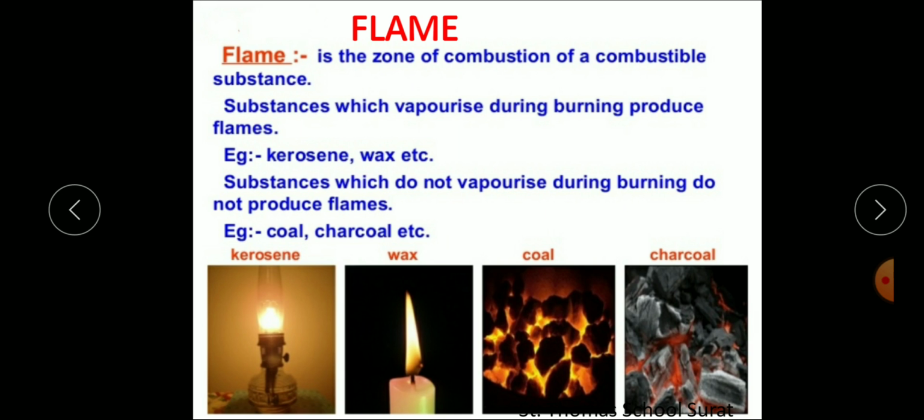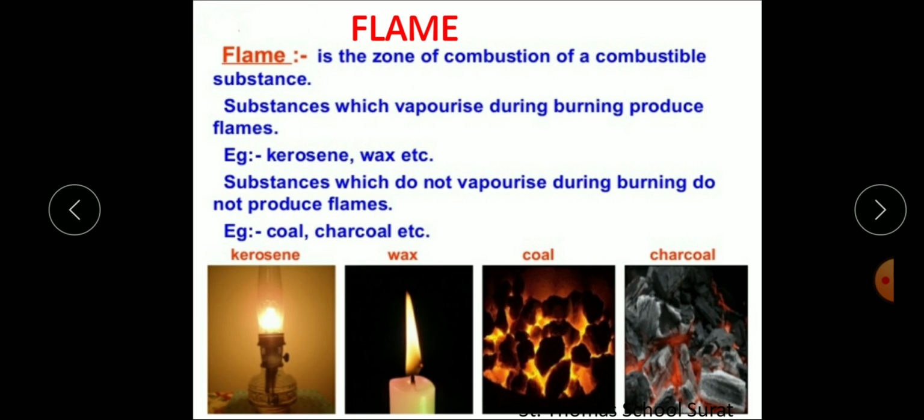Understood? Only solid and liquid fuels which vaporize on heating burn with a flame.